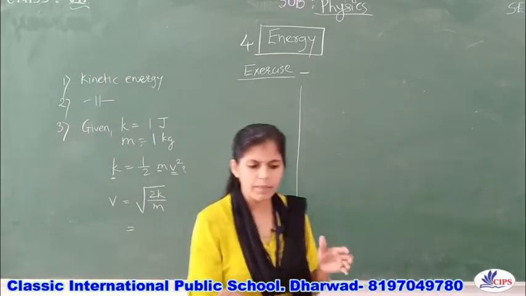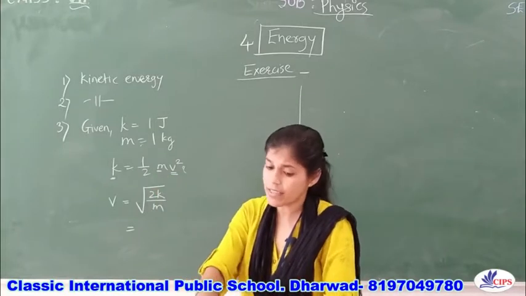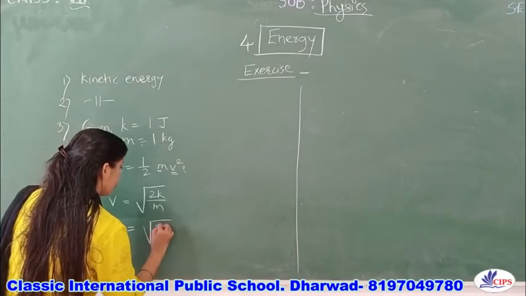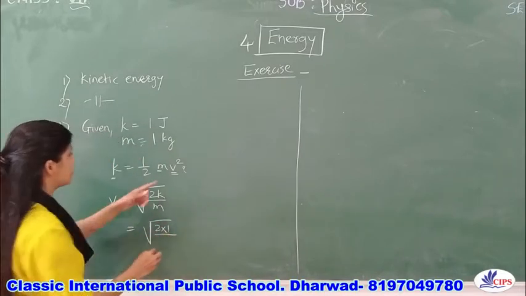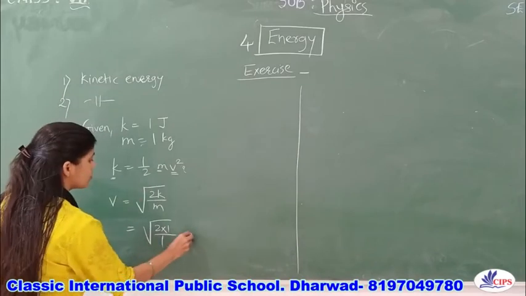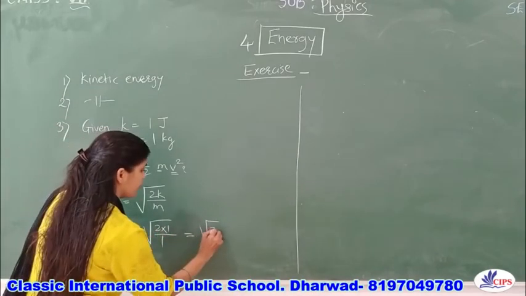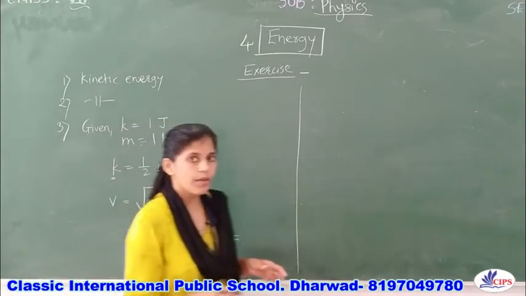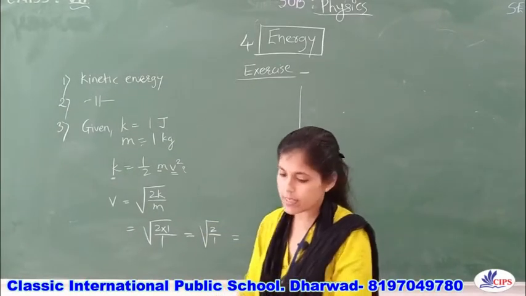Now what will the answer be? Because we know the given values, we will just insert them. The given 2K means 2 into kinetic energy, which is 1 joule. So 1. The mass given is 1. By this way you will get 2 into 1, 2 by 1, nothing but square root of 2. So in that case, you will get the answer.